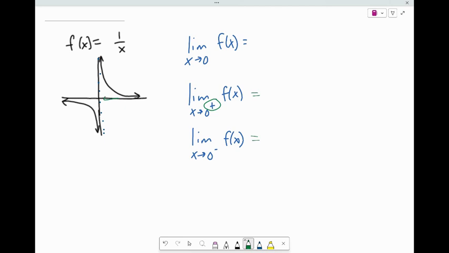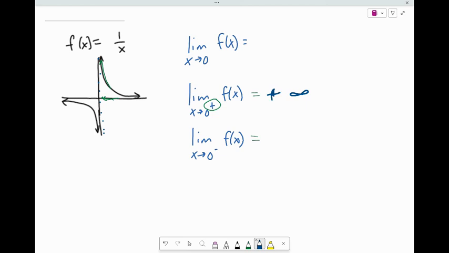Since we have a picture in front of us, we can think about x getting closer and closer to 0. The y values are going up without bound, and there really is no limit here. And in previous sections, we would have said does not exist. And technically, the limit still does not exist, but we do have a notation we can use.